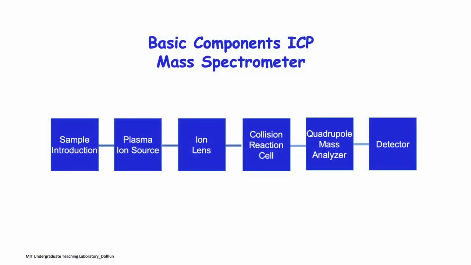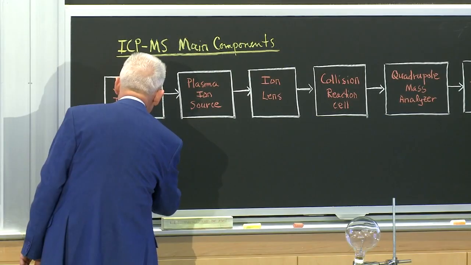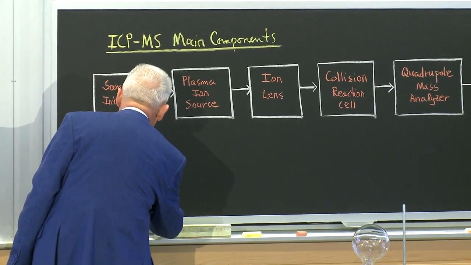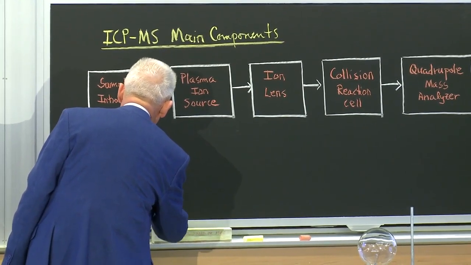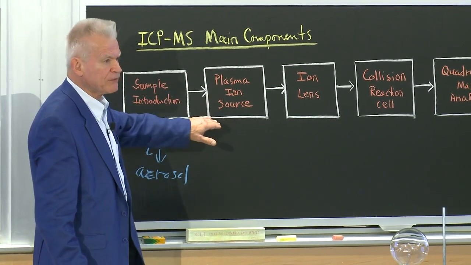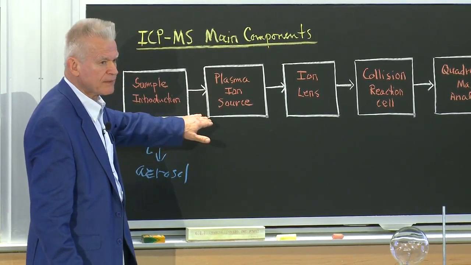So what we've got is our sample introduction. And the sample is going to be a liquid. So it's a liquid that enters the sample intro, and that liquid is converted to an aerosol. And the aerosol gets shot into a plasma ion source.